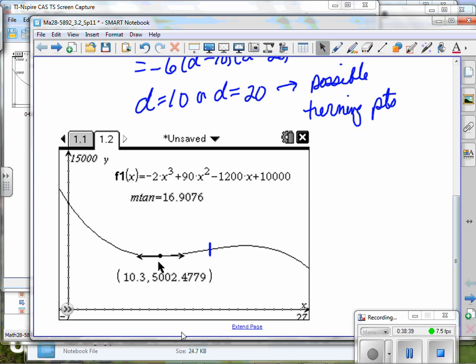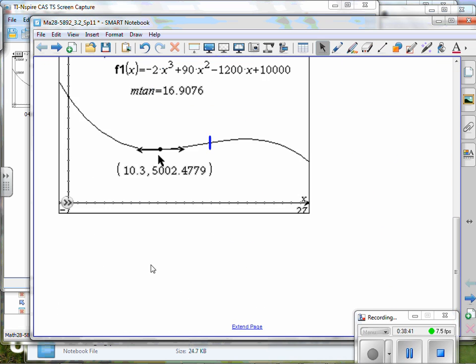So I'm going to come down here, and I'm going to write again that derivative. And let's see, that was what? Negative 6d squared plus 180d minus 1200.